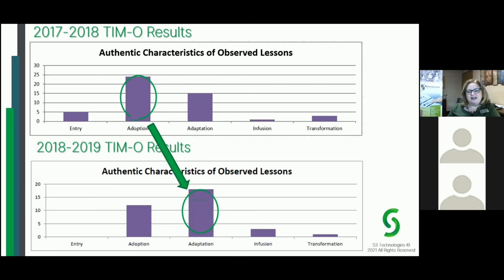And come to find out, at home she was writing beautiful poetry. She was already a published poet online, but she was failing English. So how does that make sense? And again, it's that authenticity. Like, why do I need to produce this for you if I already know how to do this? So getting the students, it also helps with their buy-in and keeps them engaged, the more authentic the lessons are.